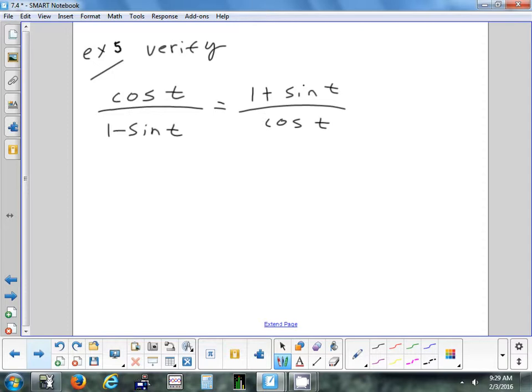So we can start with either side. Do you want to start with what's on the left or what's on the right? Left? Okay. So what we're going to do is take what's on the left and somehow turn it into what's on the right. So forget about the right-hand side. We'll look back at it when we're all done.